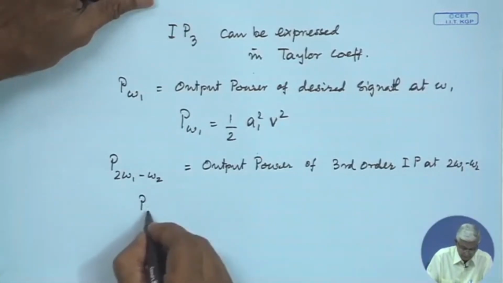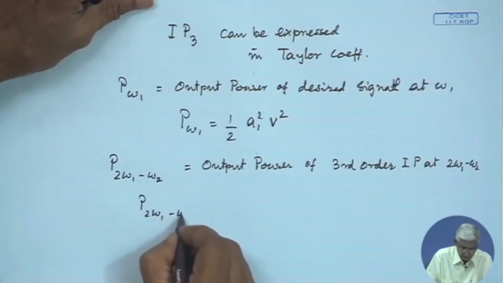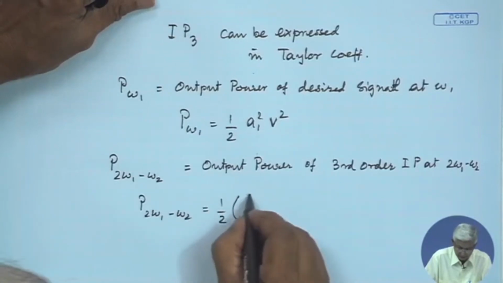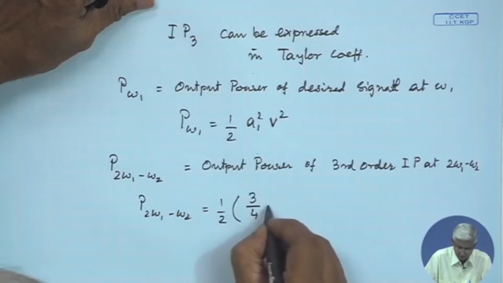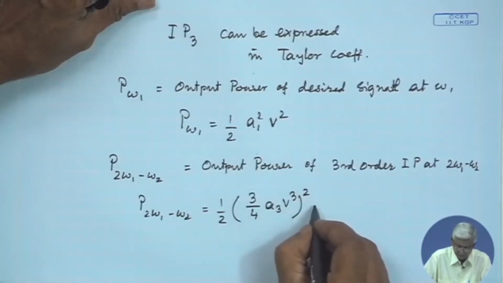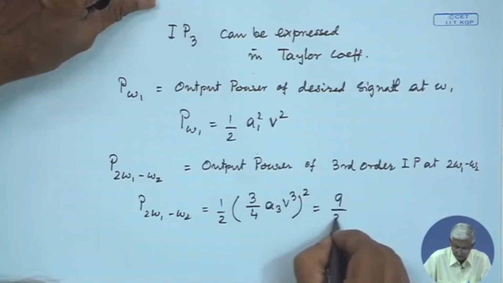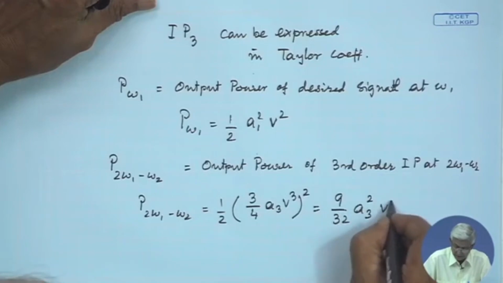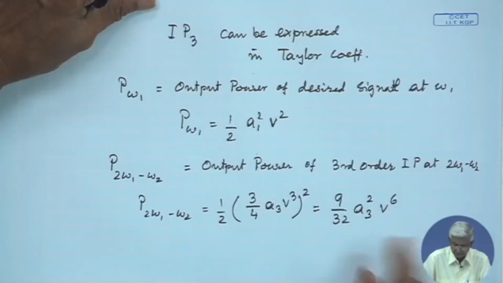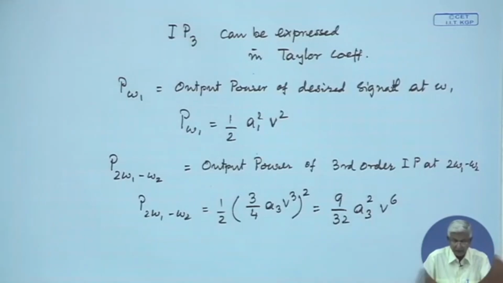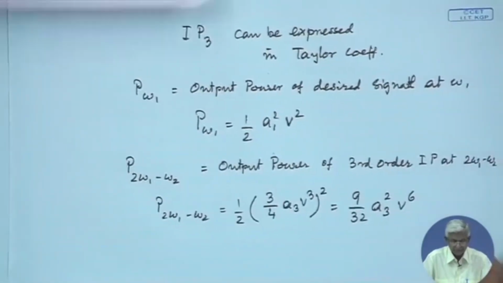So, P 2 omega 1 minus omega 2 can be expressed in the third order term 3/4 A3 V cube square, which is 9 by 32 A3 square V to the power 6. So, it is now coming in terms of Taylor series coefficient.